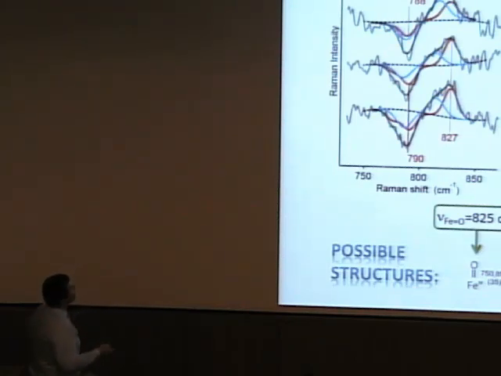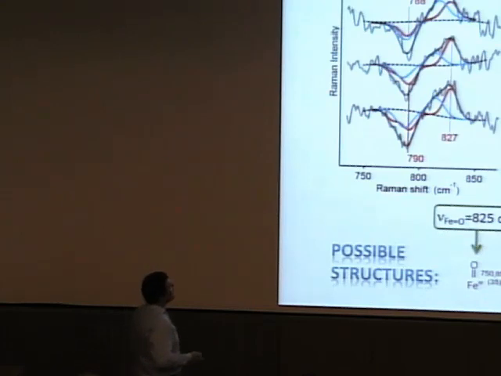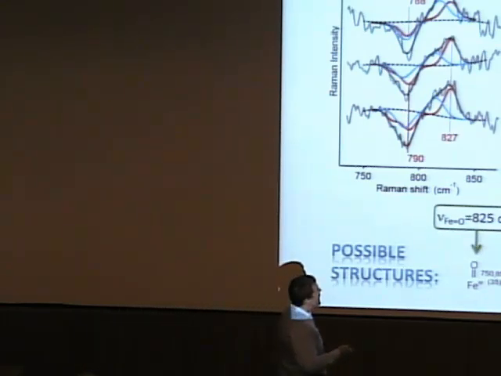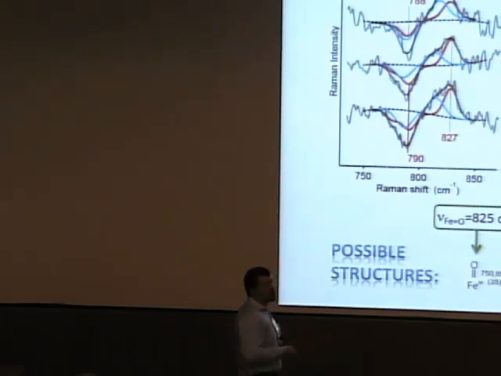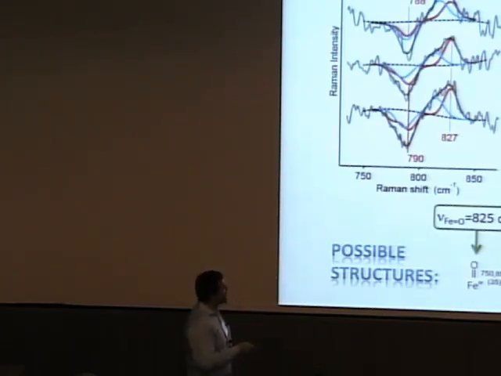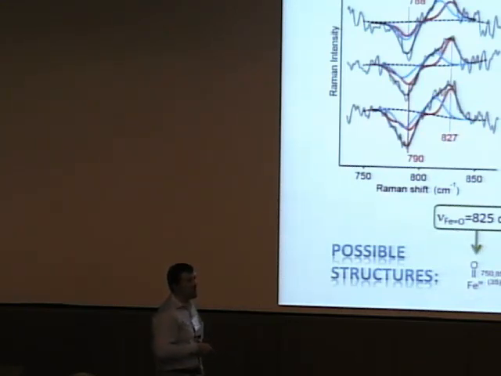So what does it mean? Notice that we have an upshift only with the deuterium, but not necessarily dependent on protonation of bulk water. And that phenomenon is actually well known for heme proteins, where if there is a hydrogen bond between the terminal oxo and the base in the active site, then substitution of hydrogen for deuterium will shorten this bond, lengthening this bond, and decreases the localization of electron density into the hydrogen bond.